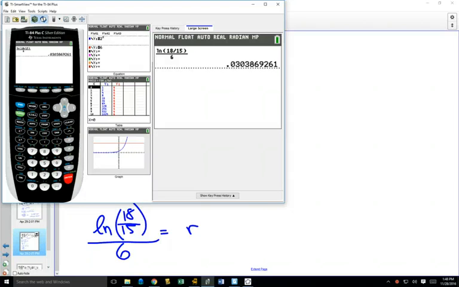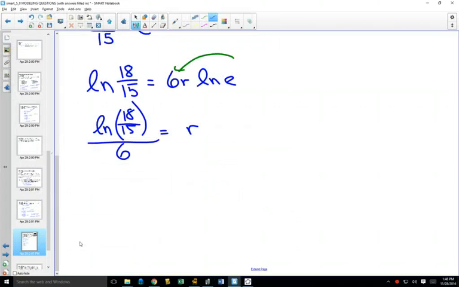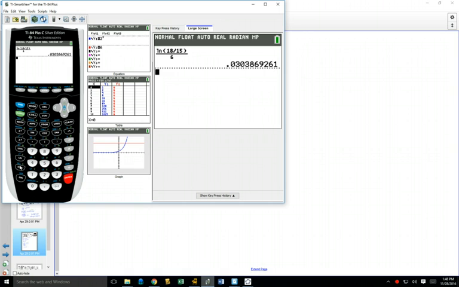Now the hard part about these questions is you are going to want to round this. But since this isn't our final answer, I'm going to just put dot, dot, dot there to say I am remembering all of those decimal places. In fact, I'm going to go to my calculator and I'm going to store it. And I'm not going to store it as x, I'm going to store it as r, because that's my r here, so that'll help me remember.